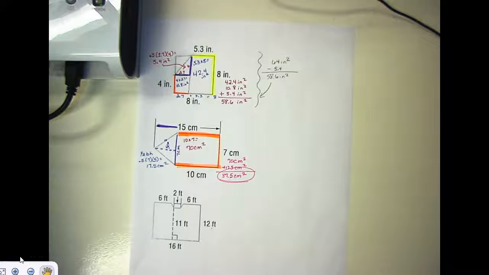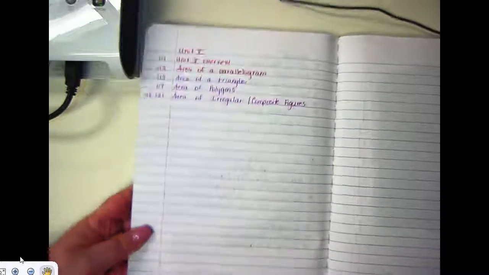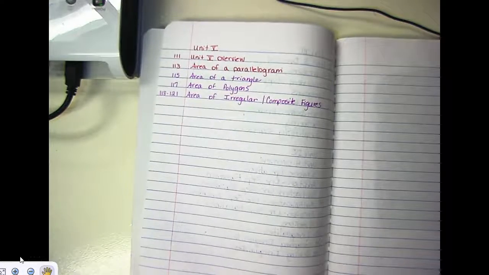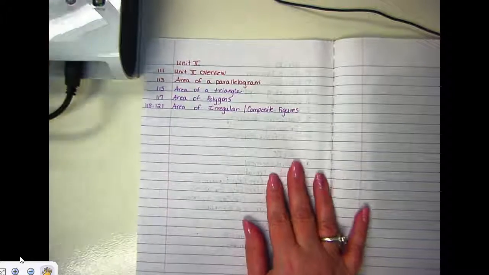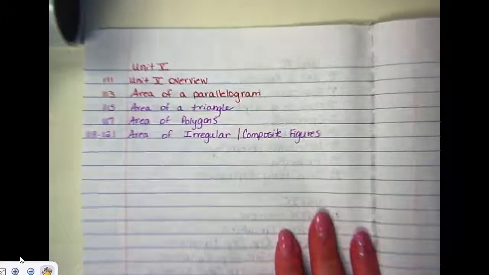All right, so 118 through 121 is going to be your area of irregular or composite figures.